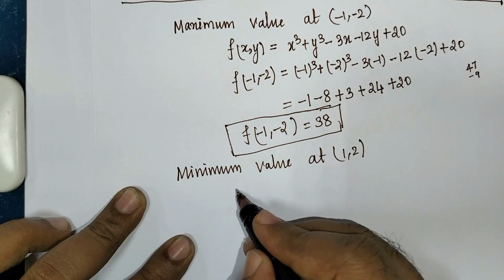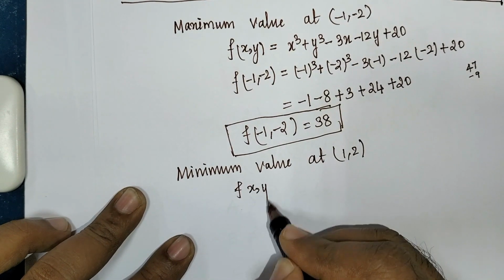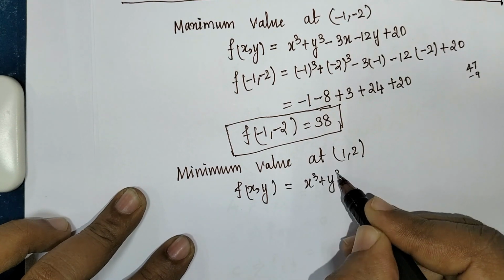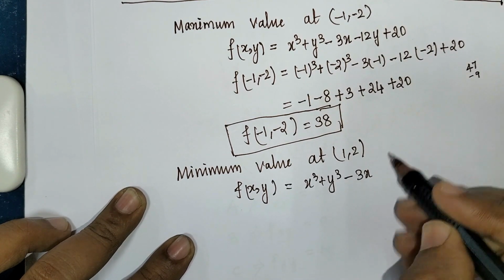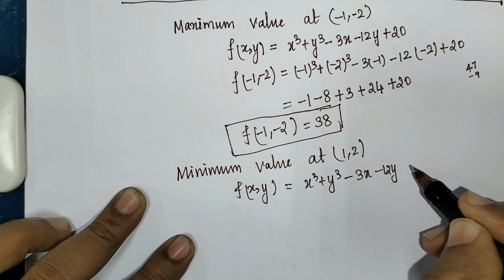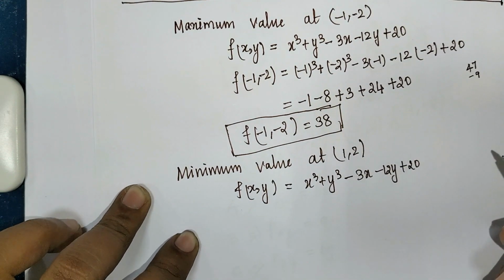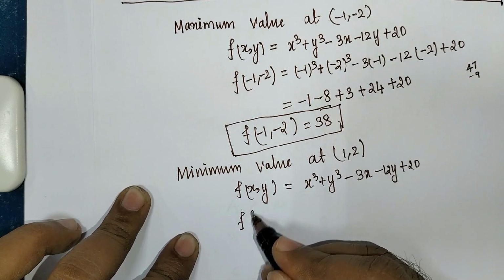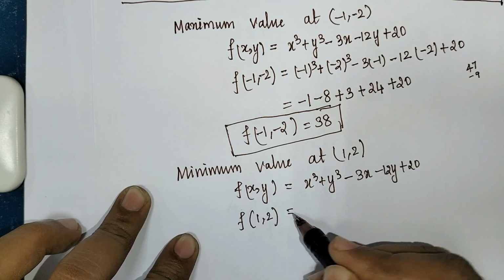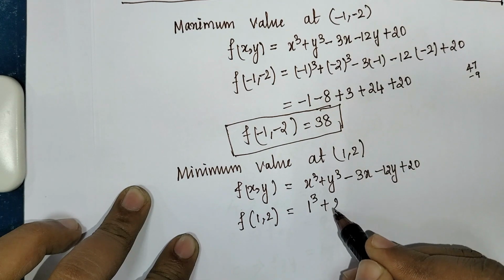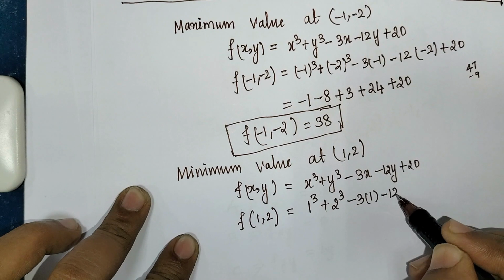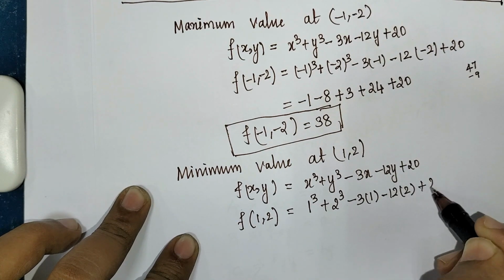So I'll write f(x, y) = x³ + y³ - 3x - 12y + 20. Here I will substitute 1 and 2. Consider 1 is x, y is 2. Substitute here: 1³ + 2³ - 3 into 1 - 12 into 2 + 20.